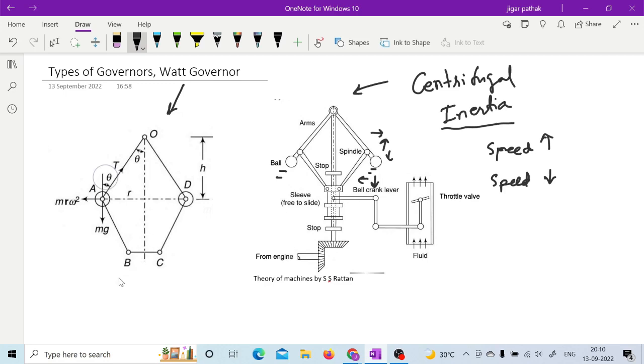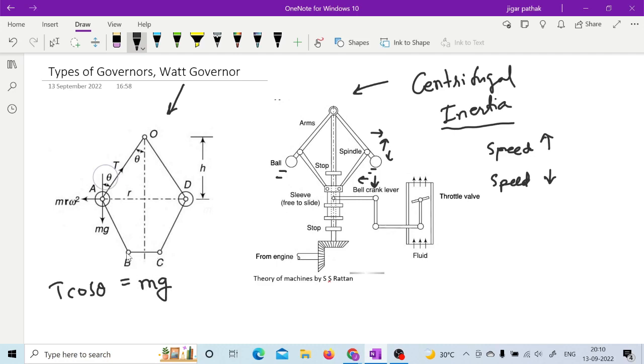So if you think of the forces acting, or the equilibrium of forces at this fly ball, then you can see that here T cos theta can be equated to mg, right?